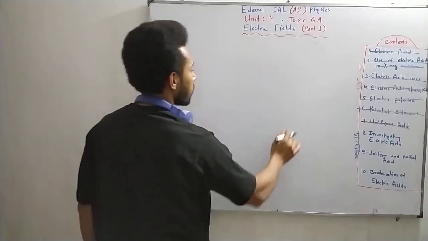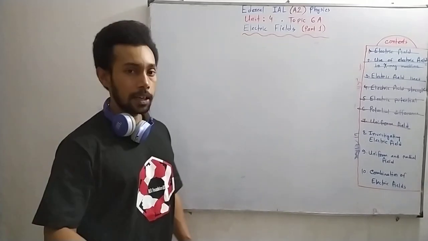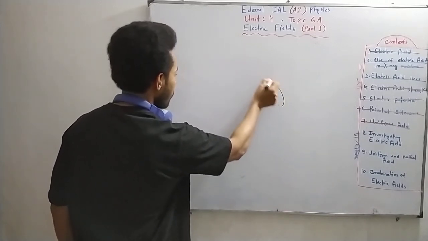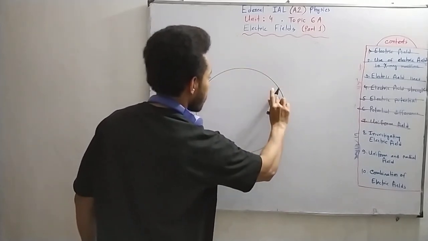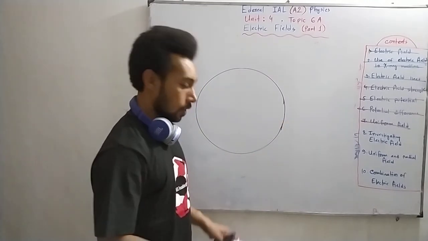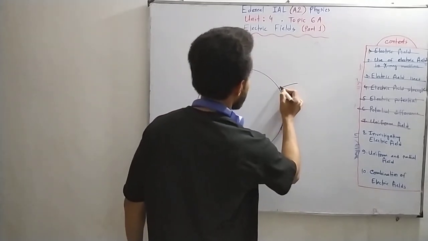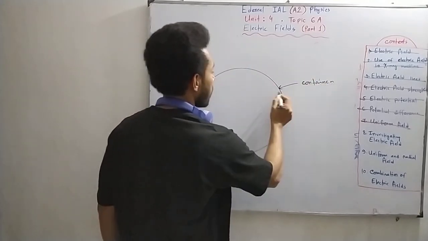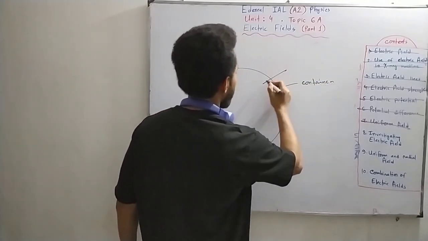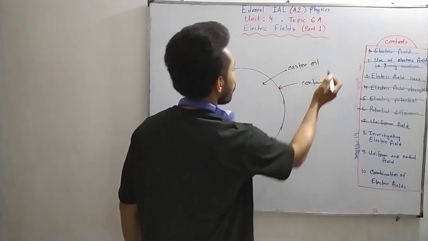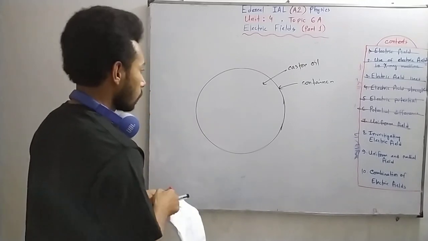So you will require, and I'm drawing a diagram from the top view, okay, suppose this is a container containing castor oil. Okay, container and it has castor oil within it.